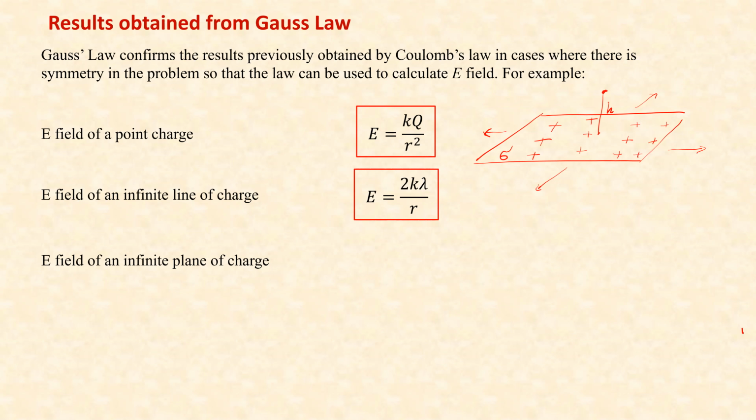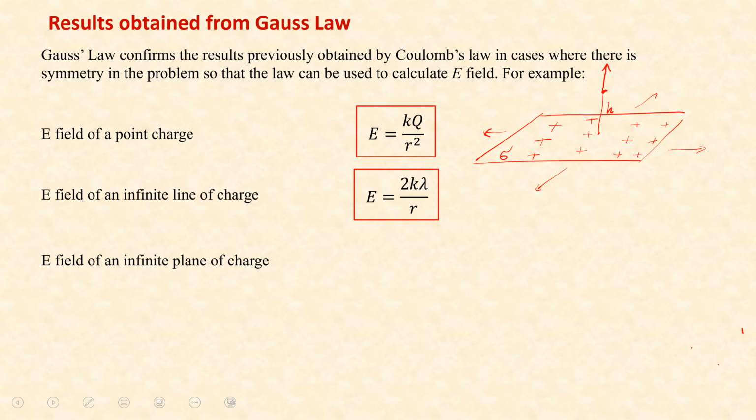So first you argue that the electric field should be perpendicular to the plane. Why? If it is not perpendicular to the plane, it has a component in this direction. What is the significance of this direction with other direction? All directions are the same, so there shouldn't be any parallel component. So the electric field should be perpendicular, right?